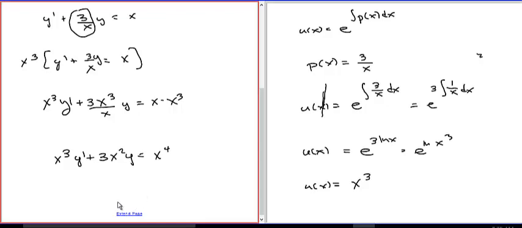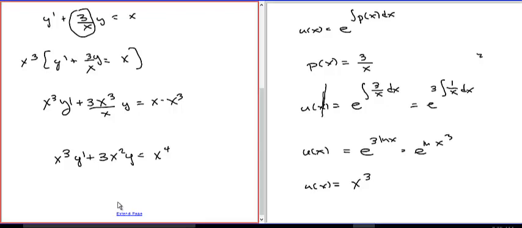And the key thing here is that if I look at the derivative of x cubed, I get 3x squared. That's the whole idea behind an integrating factor: the second term here that's a function of x is the derivative of the first term that's a function of x. And this y prime is the derivative of y.